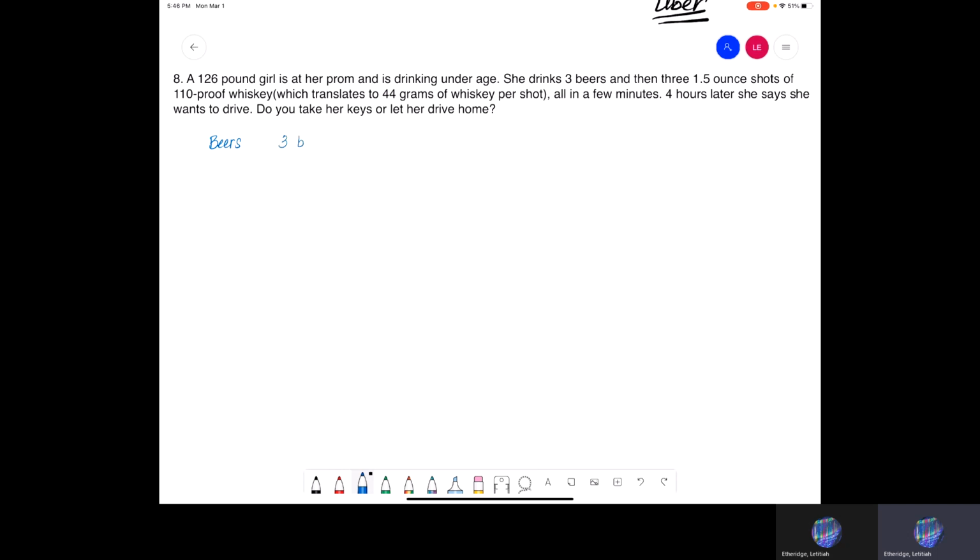For her 3 beers, each of them is going to have 14 grams of alcohol per beer. That means that from the beer, she ingested 42 grams of alcohol. Okay, that is step 1. Step 2 is going to be the whiskey.